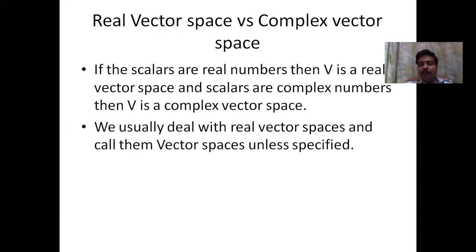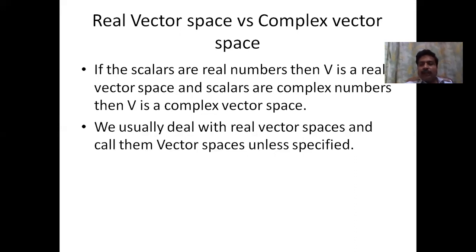But for simplicity, we call a real vector space a vector space. If we use the term vector space, it can be understood that we have used real numbers as scalars, unless it is specified. Otherwise, we take scalars to be real numbers.